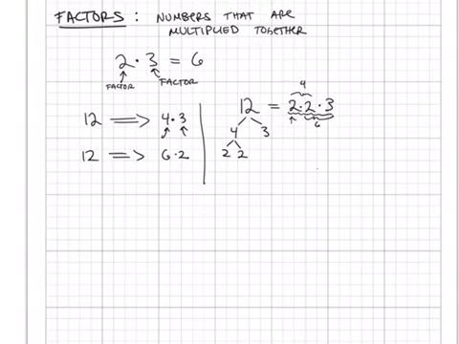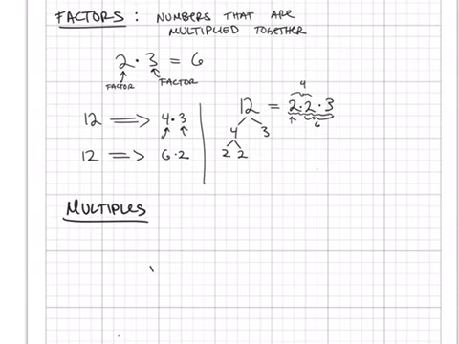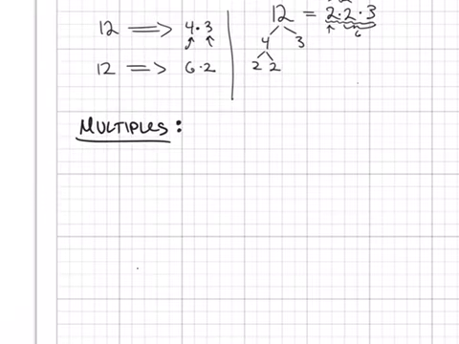Before I talk about prime factorization, I just want to define the other word that's important here, which is multiples. Now, if factors are numbers that are multiplied together, okay, then multiples are a little bit like the reverse of that, okay? And I might just introduce the idea of a multiple with an example, and later we can get to the formal definition.